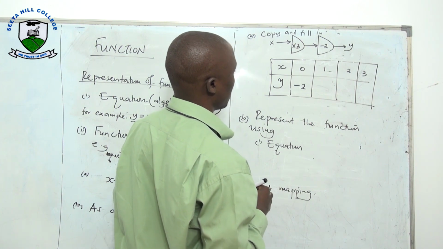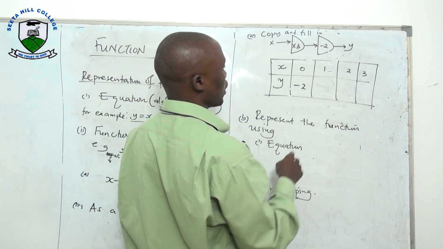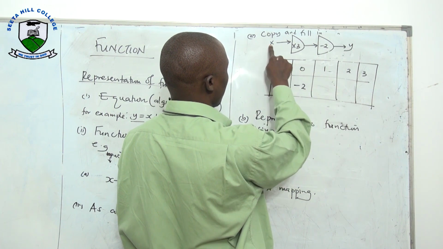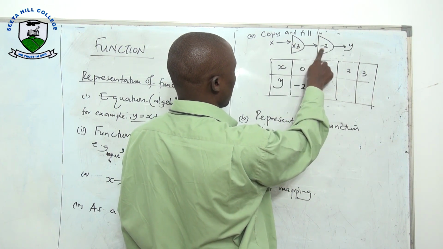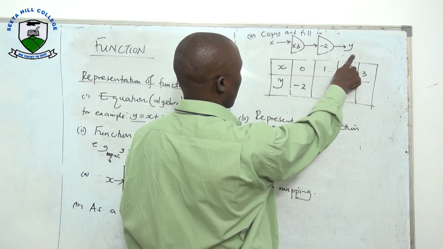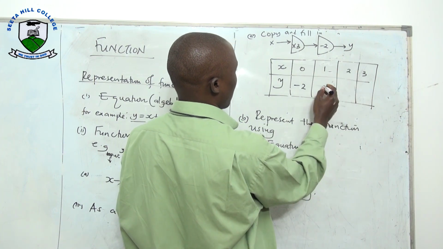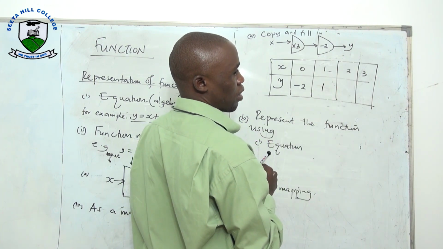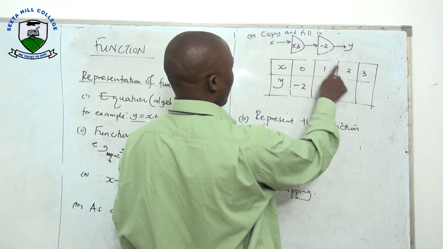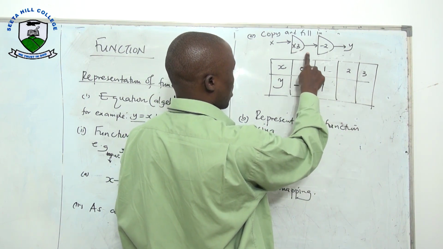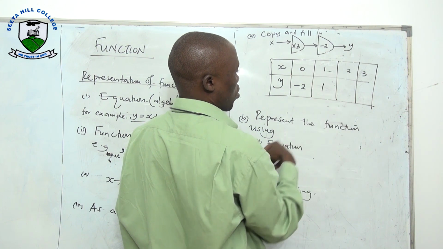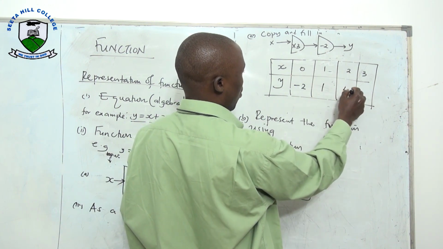Next, multiply 1 times 3 minus 2, giving us 1. Then 2 times 3 giving us 6 minus 2, giving us 4.